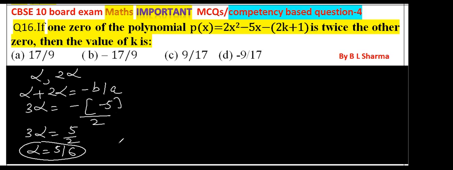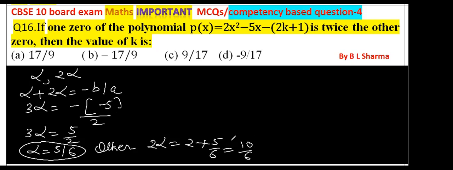One zero is 5/6, the other zero is twice of alpha, means 2 into 5/6, that is 10/6, which is 5/3. We have two zeros.